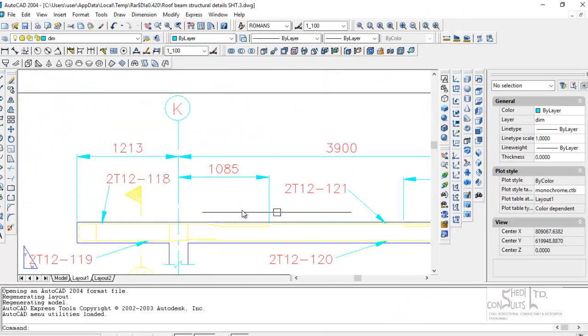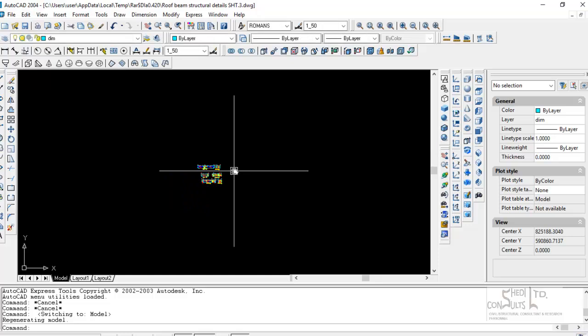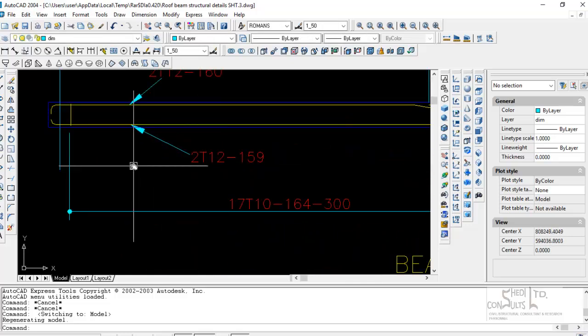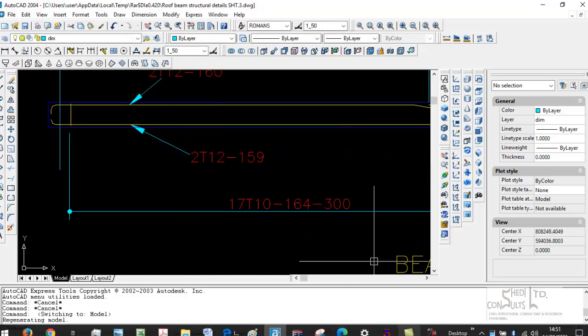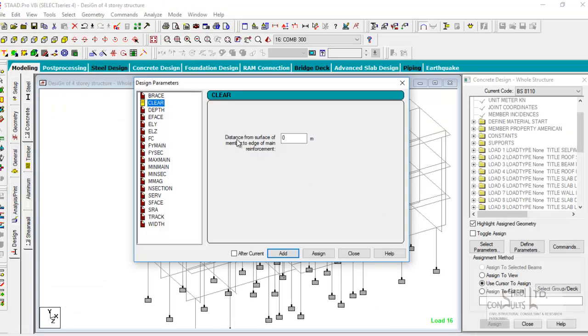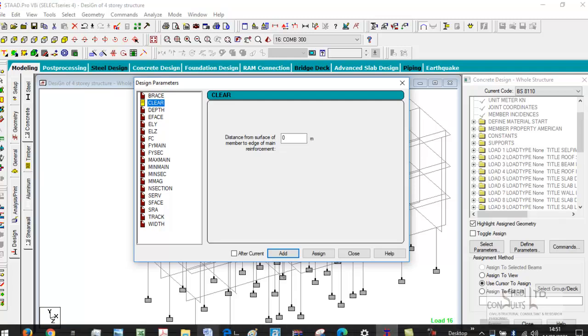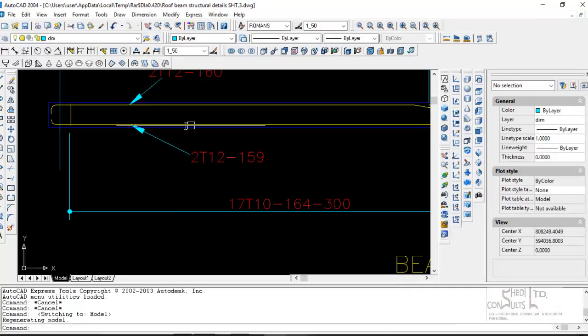Okay, if you look at this structural detail from a previous project, what STAAD is asking you is, it says distance from the surface of the member to the edge of the main reinforcement. So it is just asking you for this dimension.